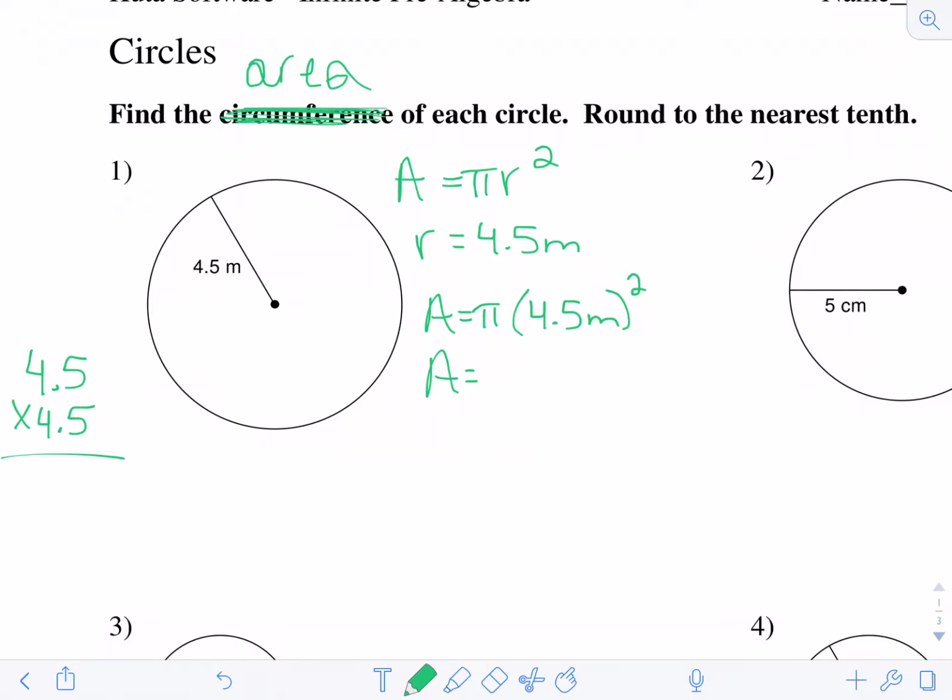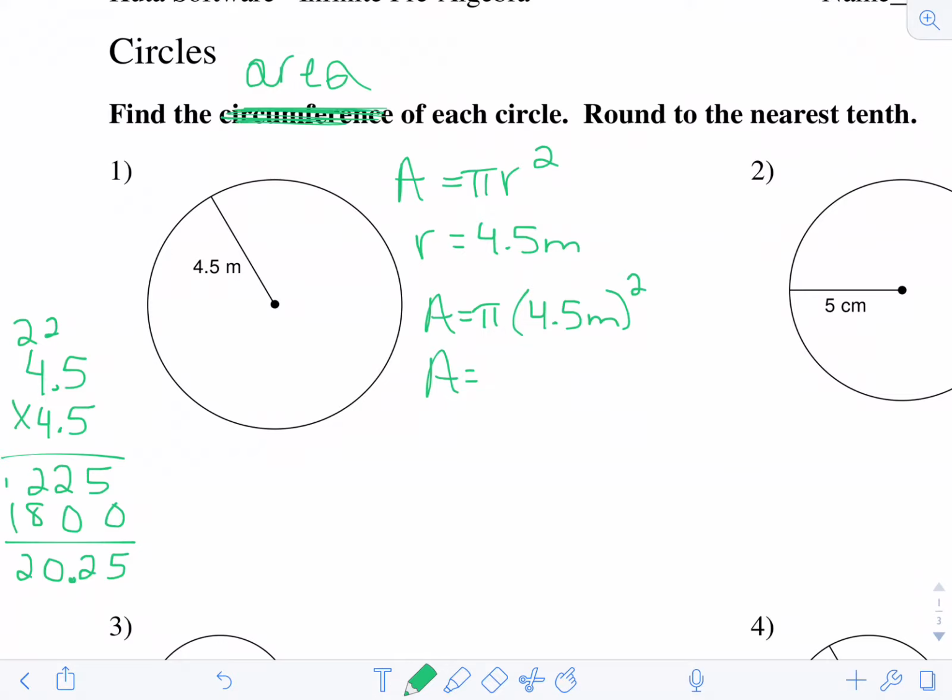5 times 5 is 25, so there's my 5, carry my 2. 5 times 4 is 20, 20 plus 2 is 22. There's my 0. 4 times 5 is 20, carry my 2. 4 times 4 is 16, 16 plus 2 is 18, and then I'm going to add these together. So I have 5, and then 2, and then 2 plus 8 is 10, carry my 1, so that gives me 20.25.